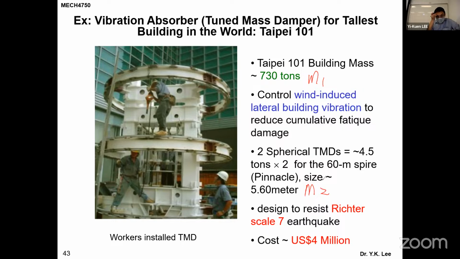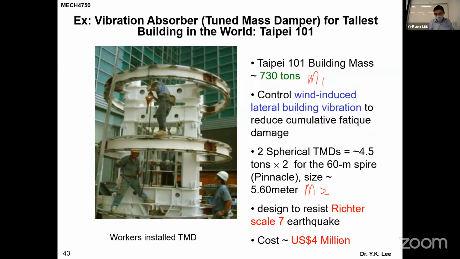Of course, here we didn't show you the effective spring constant, so this may require looking at some literature and thinking about how we can come up with a basic vibration absorber design for type 101.